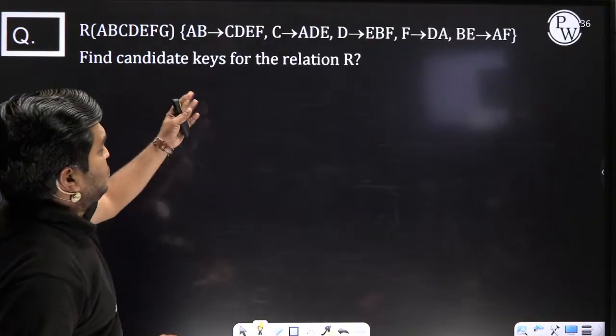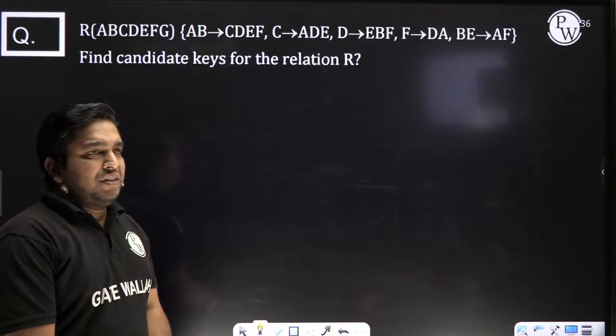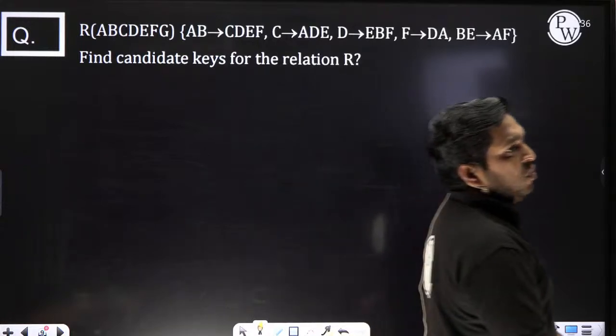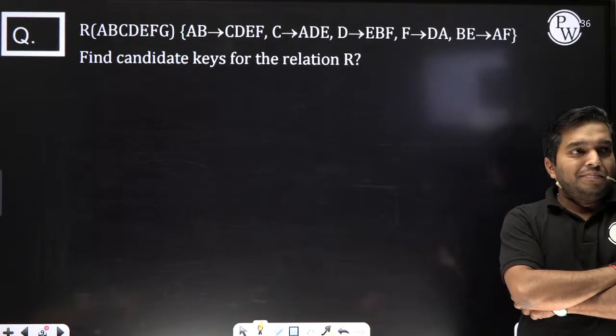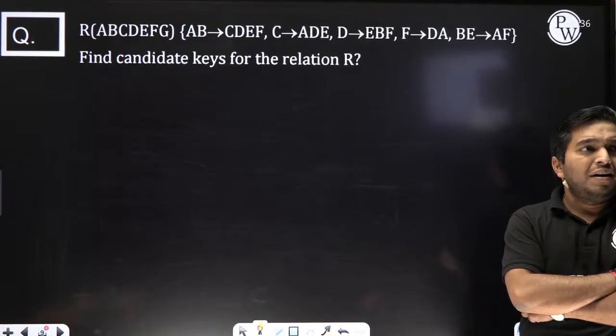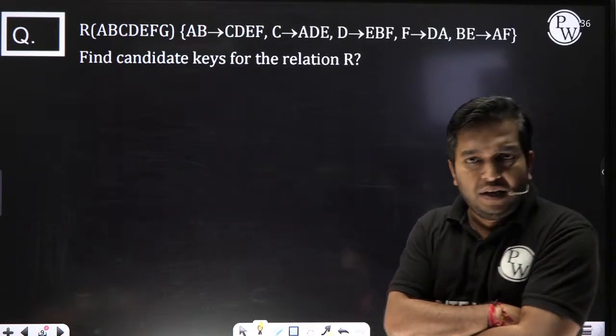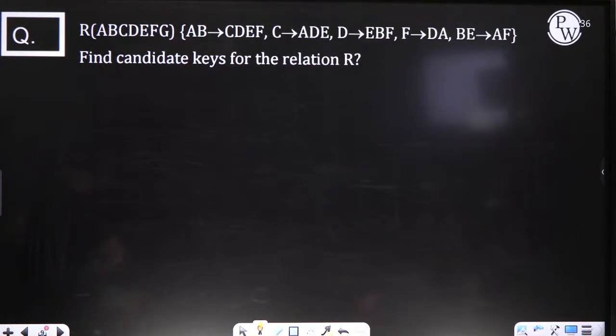Then we discussed this question. Please tell me the answer. I gave this question as homework: how many candidate keys are there, and what are the candidate keys?